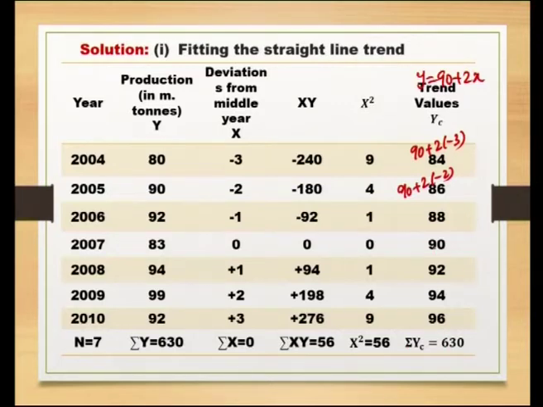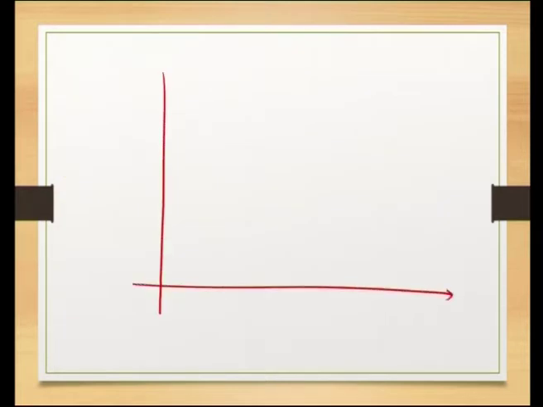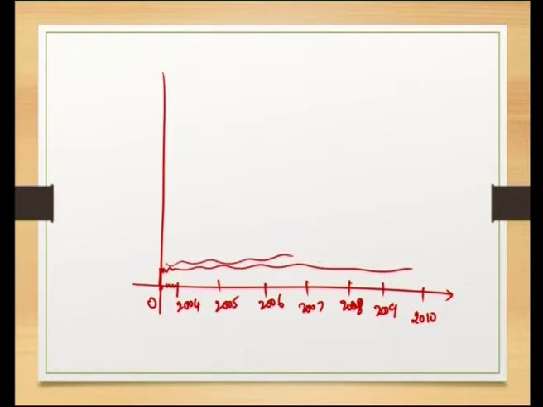Next, we are also asked to plot these figures and fit the trend line, show the trend line. We have to draw the graph, plot the years 2004, and the values in between, and then 75 is taken into account.